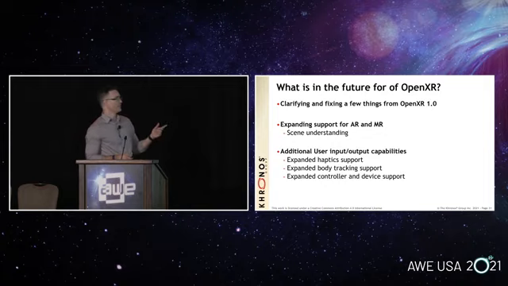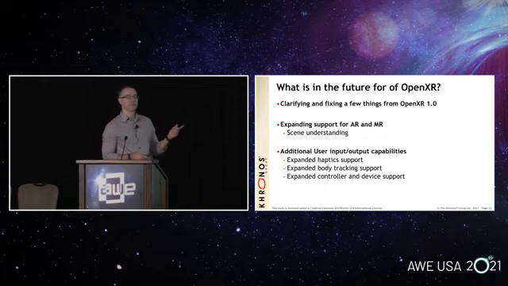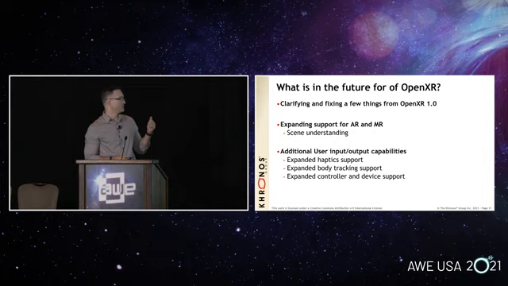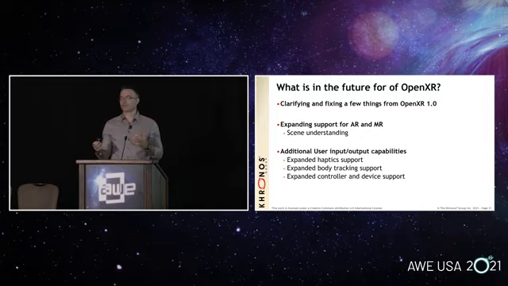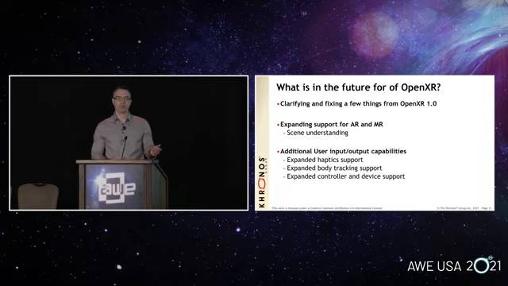And then another area we're looking at is additional user input and output capabilities, expanding haptic support, body tracking, and more controllers. Like one of the areas that we're really proud of OpenXR is our input mechanisms, because all of these controllers have different capabilities and different interaction abilities, and we don't know what the future of the controllers look like. And so we really want to build a lot of flexibility to allow the user to control it, right?